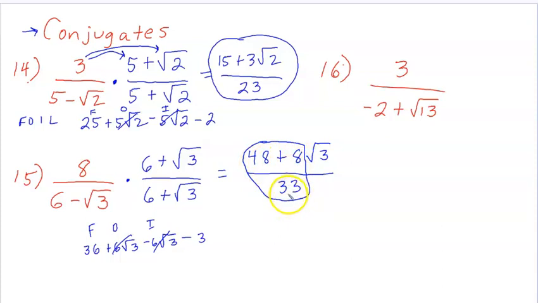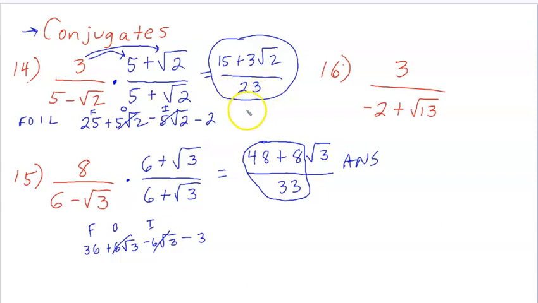All right, so if it were 48 and 33 only, then I could do 3 into both of those, but I can't divide 3 into 8. So therefore, I can't reduce this. So this ends up being my answer. And the same thing happened up here. I mean, 3 goes into both 3 and 15. We're doing good there, but 3 doesn't go into 23.